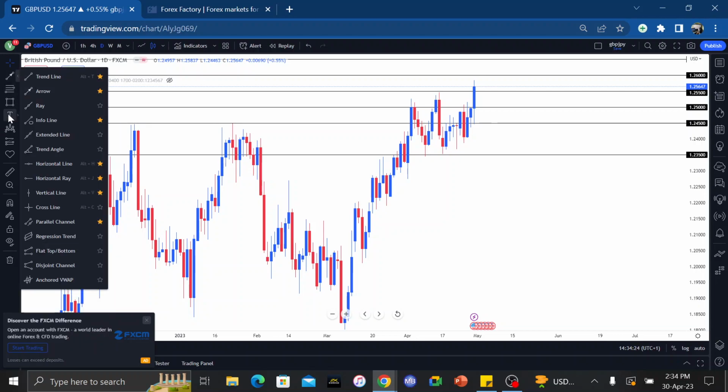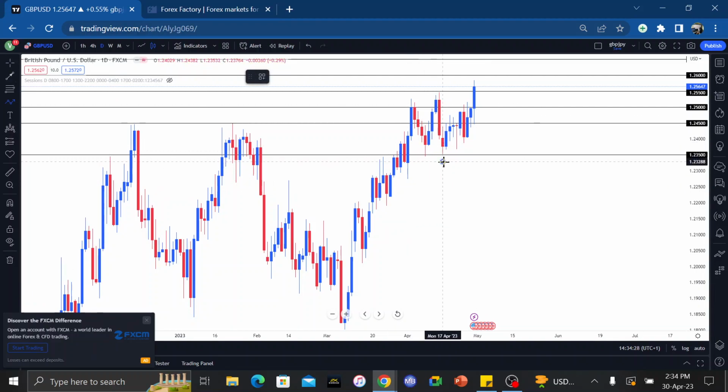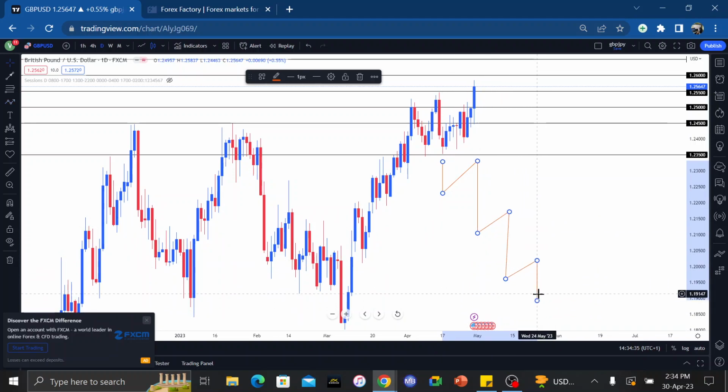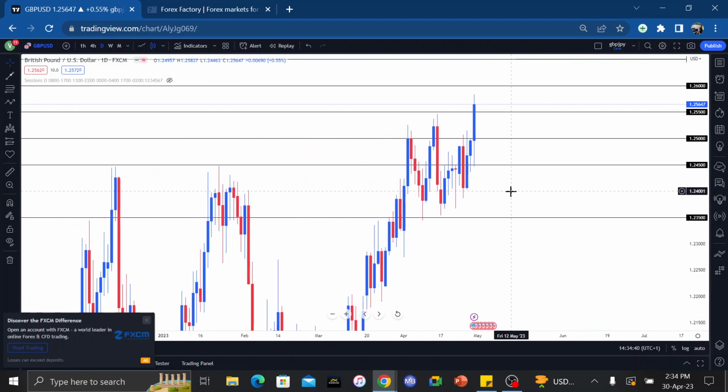Other than that, my bias is still a buy. I'd need to start seeing lower highs, lower lows market structure, stuff like that. Other than this, my bias is still buys.